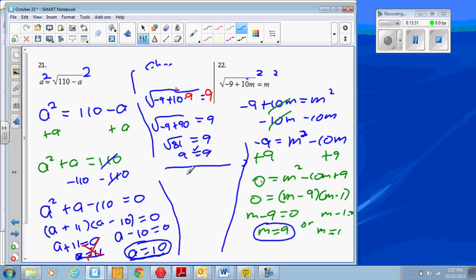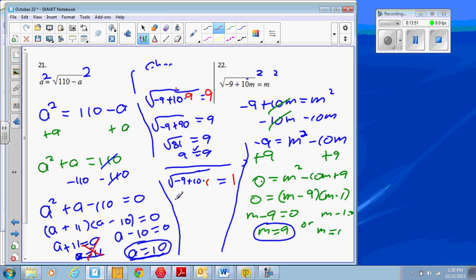Now when I put the second one in, I get the square root of negative 9 plus 10 times 1 equals 1.